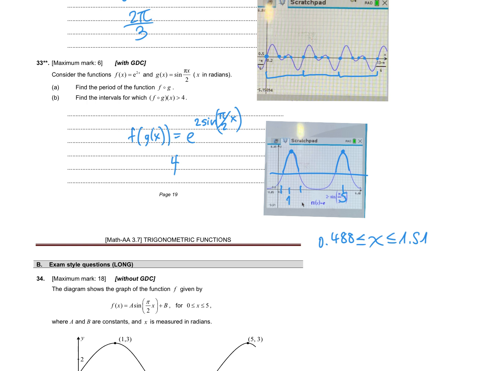That's from here to here. And then we've got from 4.49 to 5.51. And in the mark scheme, they just do this one, and then they add 4 to each. So you can do it that way too.